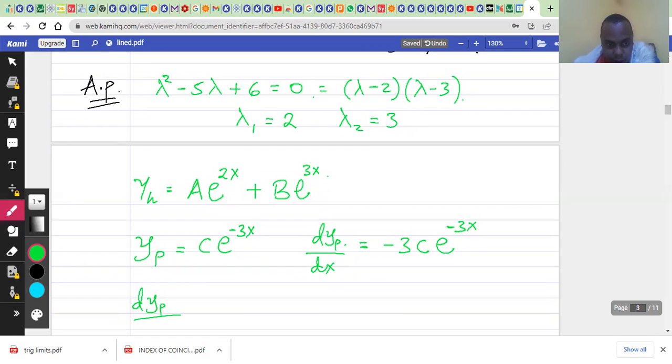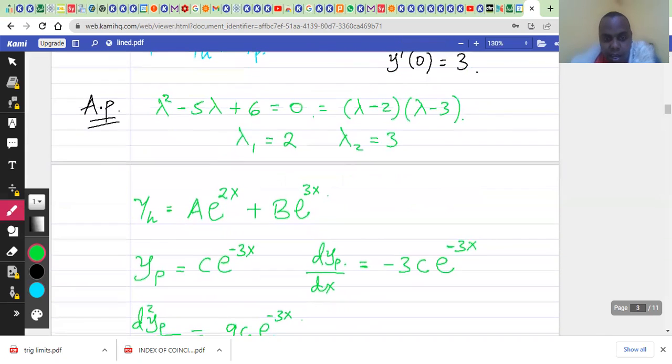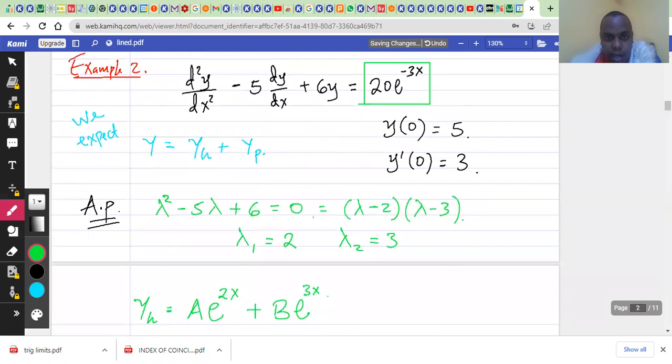How about the second derivative, d²yp/dx²? It's going to be 9c exponential minus 3x, right? So we believe that this is a solution to the differential equation.